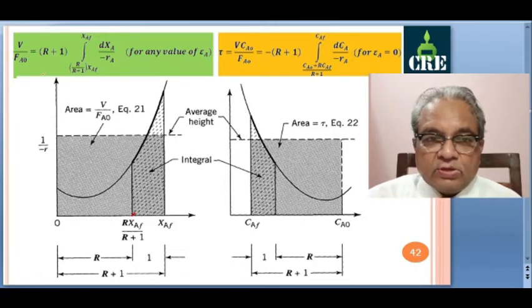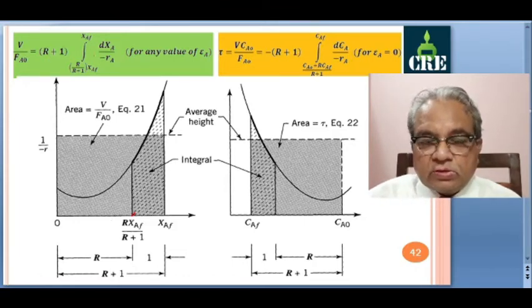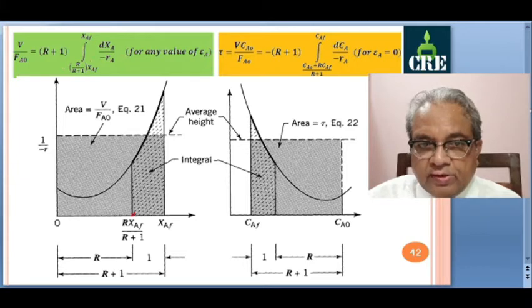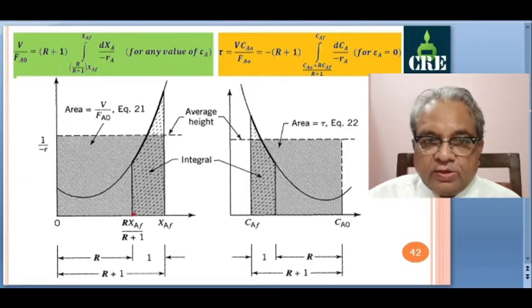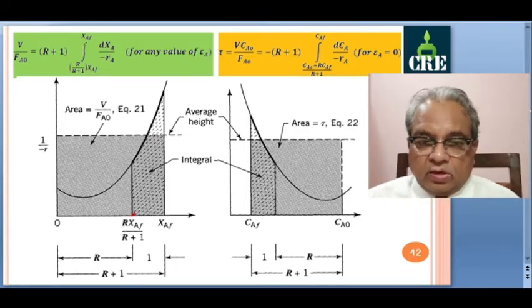So this side of the equation, the integral is nothing but r into dXA by minus rA, plus simply dXA by minus rA. So r into dXA by minus rA is represented here, and this dXA by minus rA is the area under the curve.